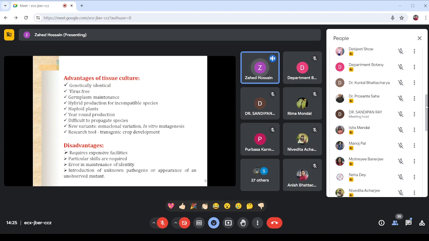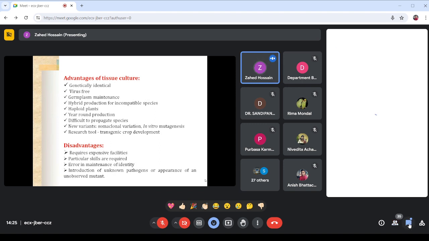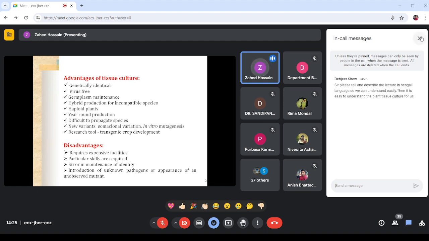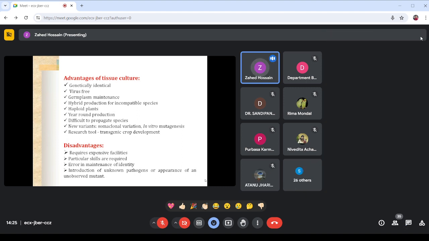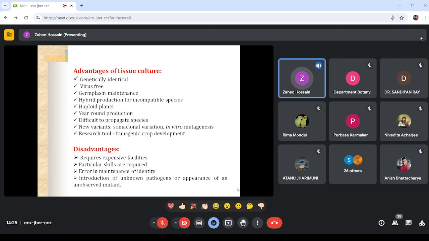And using this, you can raise new variants. There are two options. One is somaclonal variation, that is, variation that arises in the somatic cell, and also you can induce mutation, which is called in vitro mutagenesis. Nowadays it is also used as a research tool to raise transgenic crops.